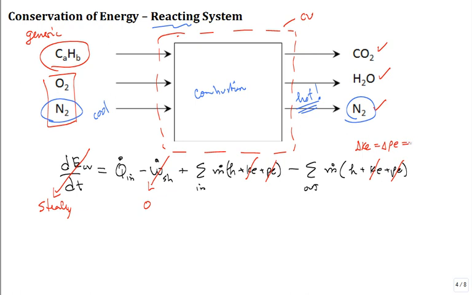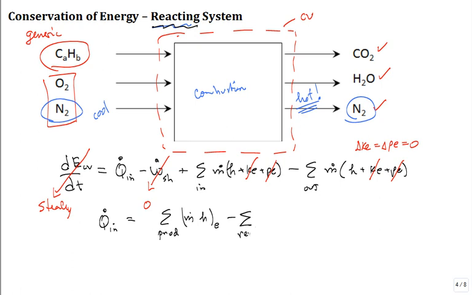And so what we have is the rate of heat transfer in, but you know, if it's a reacting system, it's going to be a negative in, but we'll still leave it as Q dot in, is equal to the sum over all that's going out. That's all the products. The mass flow rates times the enthalpy of what? All of the products that are exiting, minus the sum, that's a bad looking sum, over all the reactants.